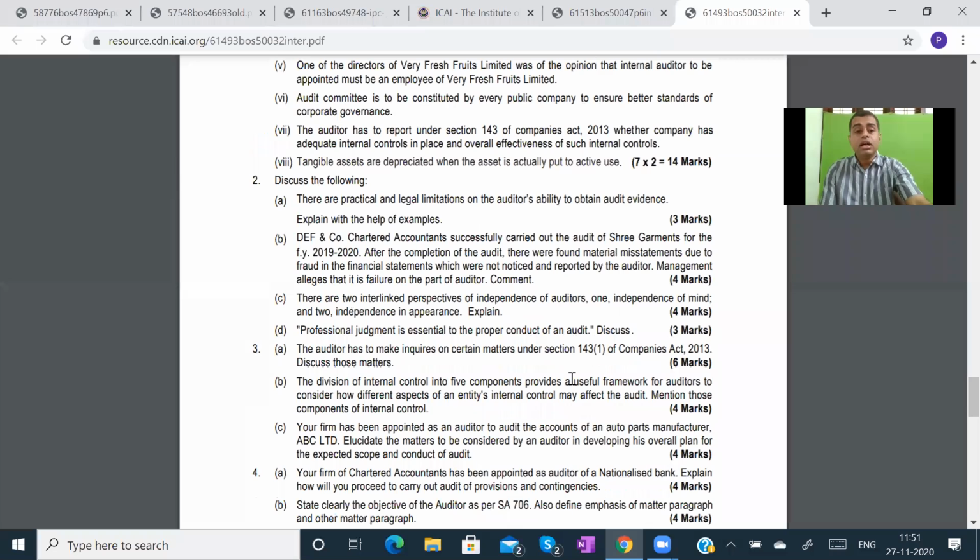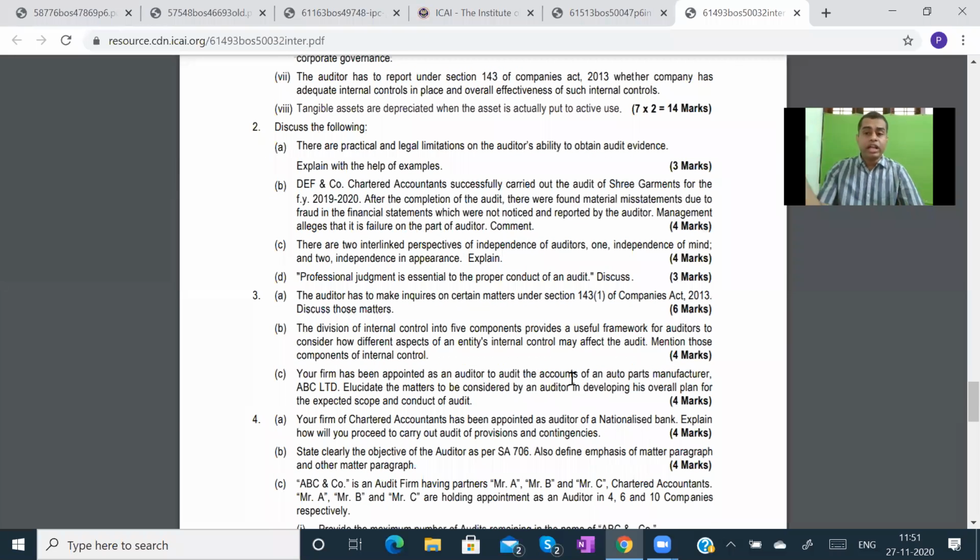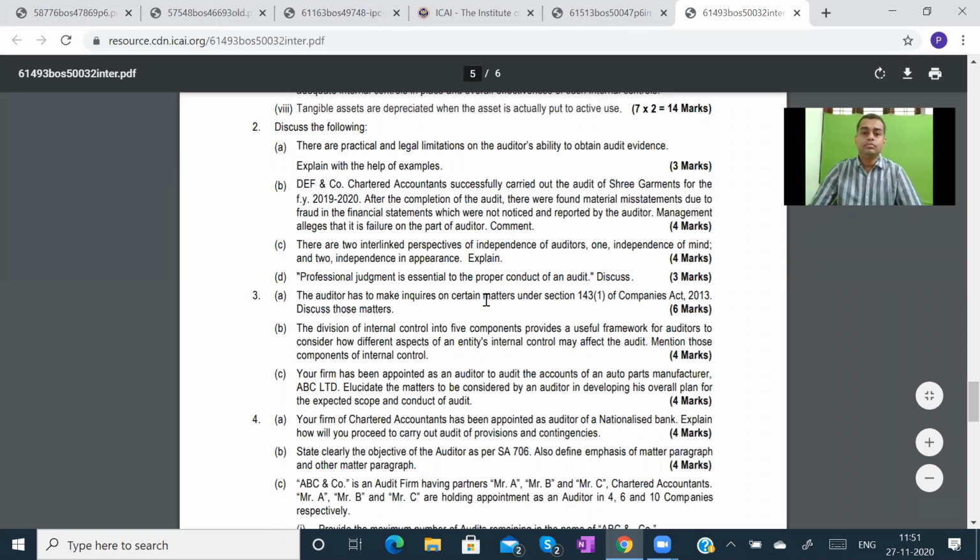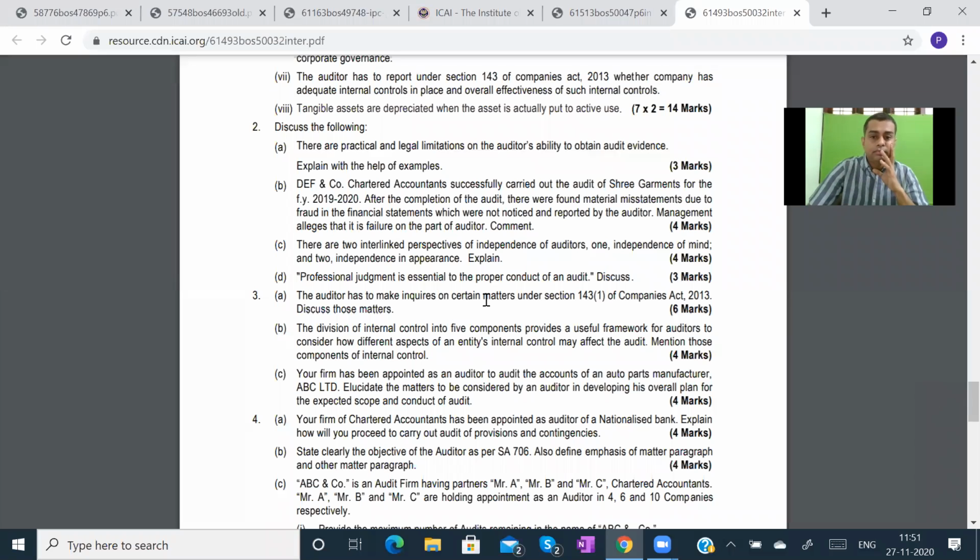Not at all difficult. Read the second question. Now we will not spend more time from now onwards because it is revision. Sixers. We'll play a sixer for every ball. Read this. Second question. There are practical and legal limitations on the auditor's ability to obtain audit evidence. Explain with the help of examples. So tell me, are there any practical and legal limitations on the auditor's ability to obtain audit evidence?